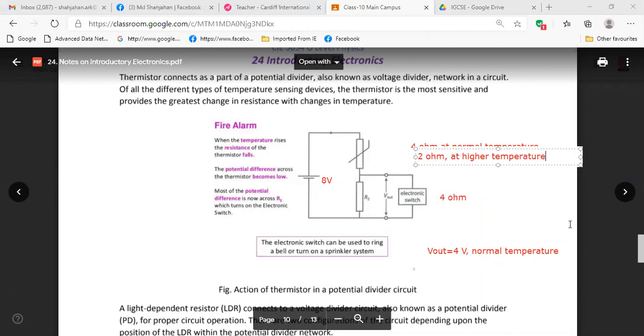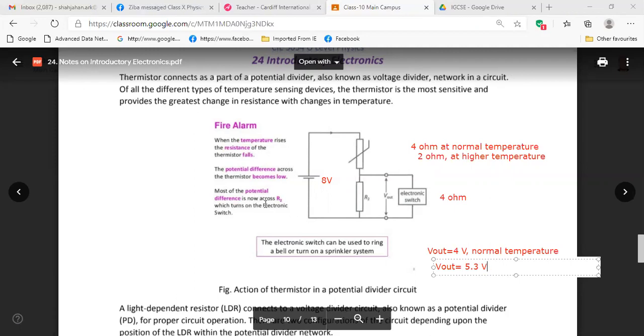Now you calculate V out at this higher temperature, when the resistance is 2 ohms. 5.3 volt. Okay.